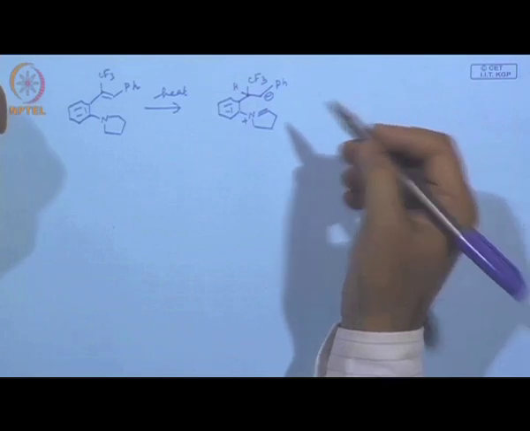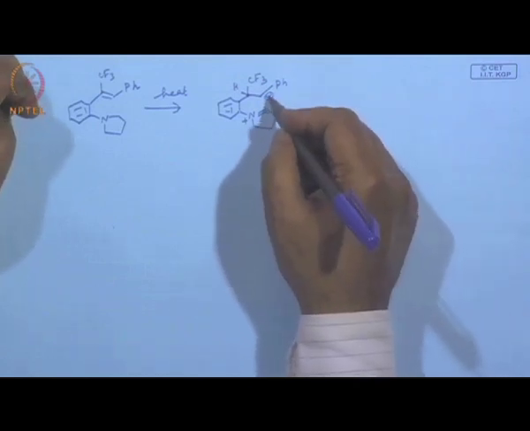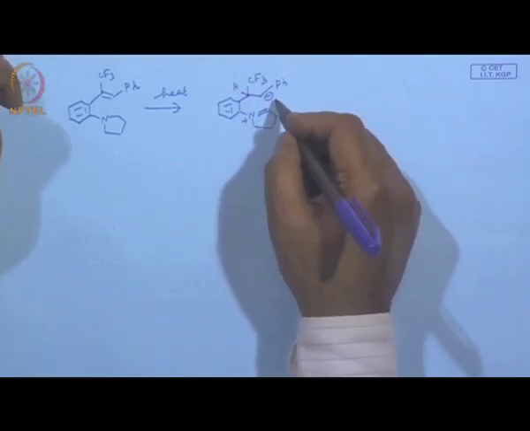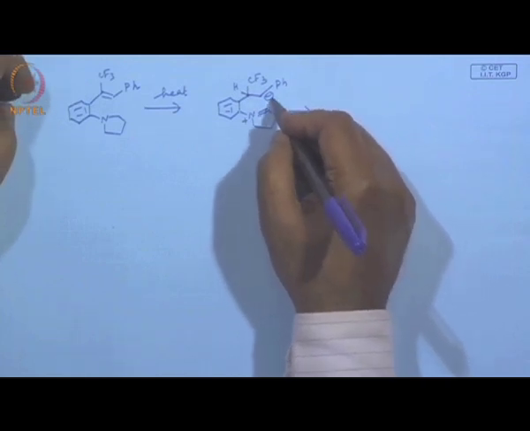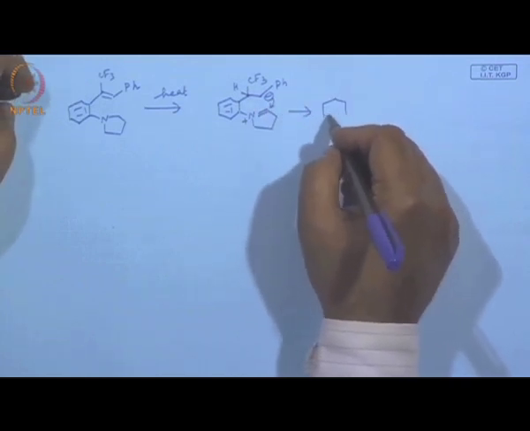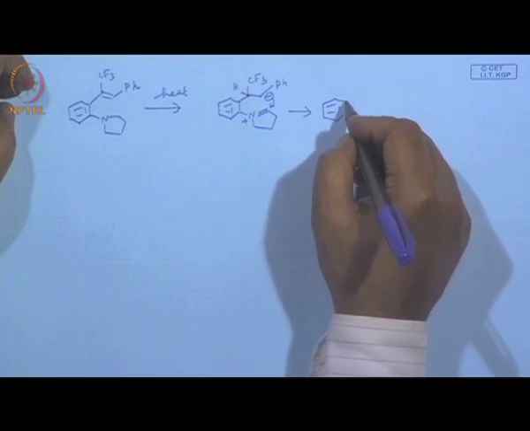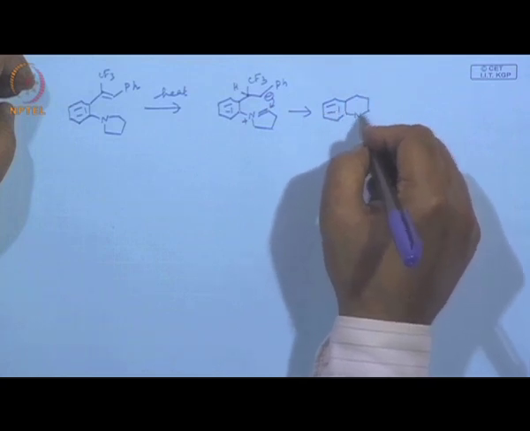Now, there is a possibility that this negative charge is conjugated to the phenyl, and so eventually the end product is again a quinoline derivative.